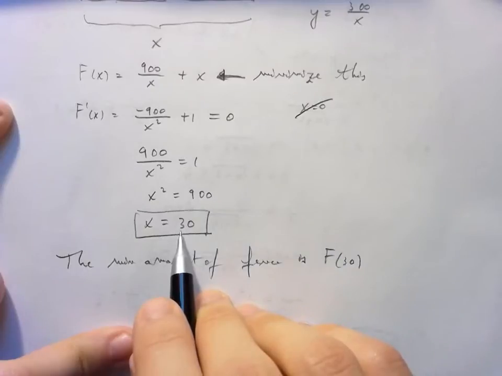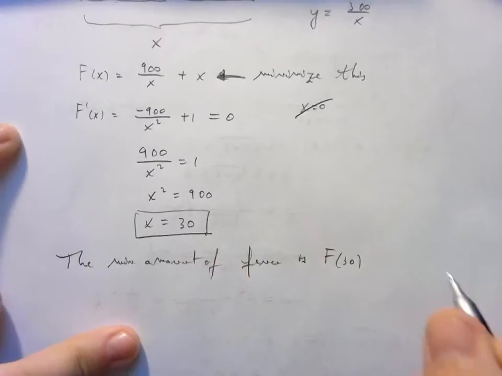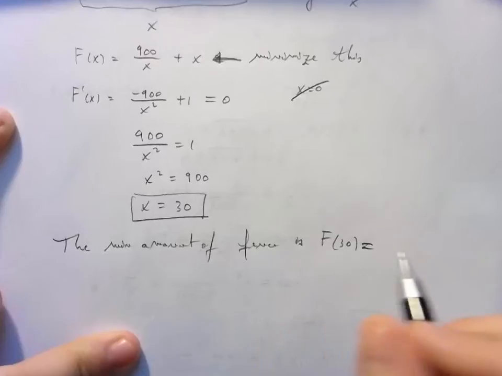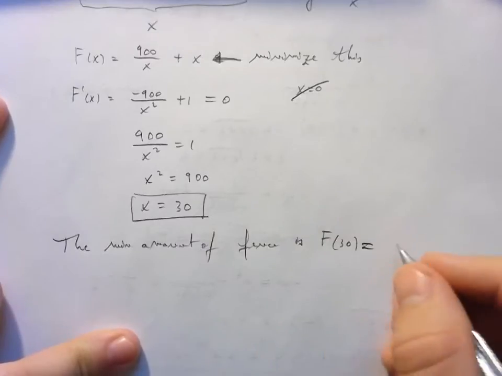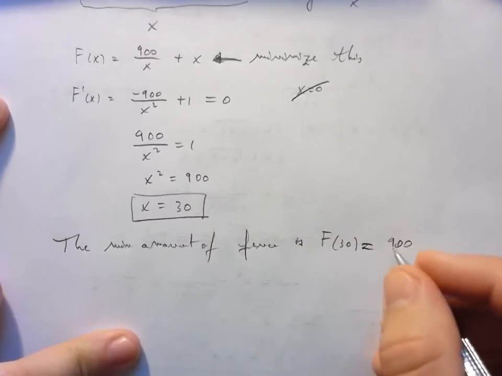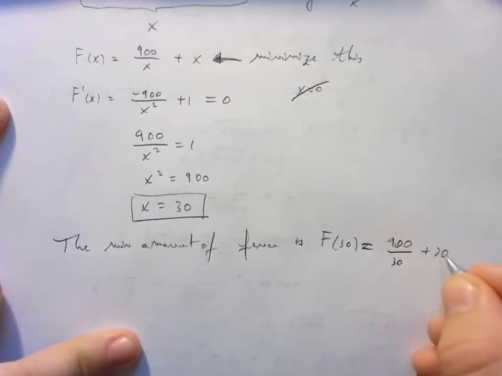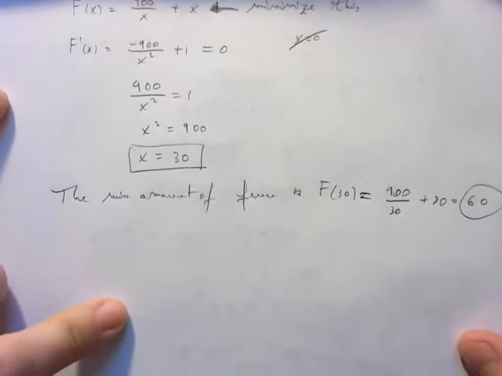We'll talk about it in a second. So f of 30 is going to be 900 over 30 plus 30. So this should be 60 meters of fence.